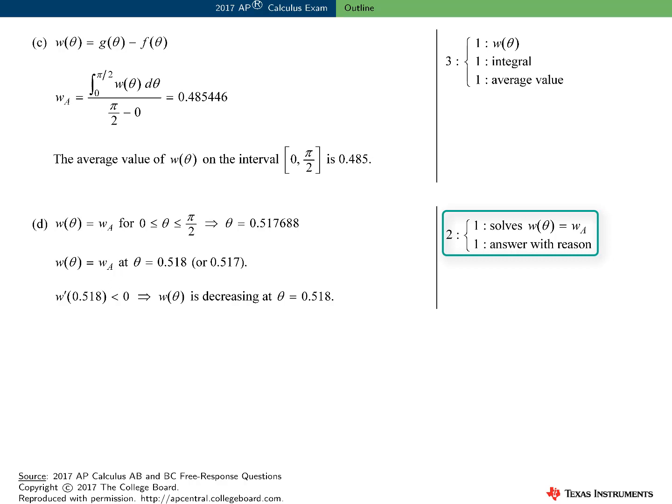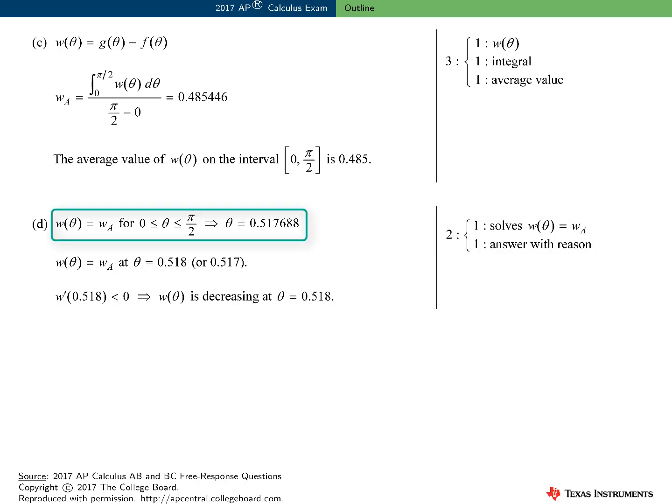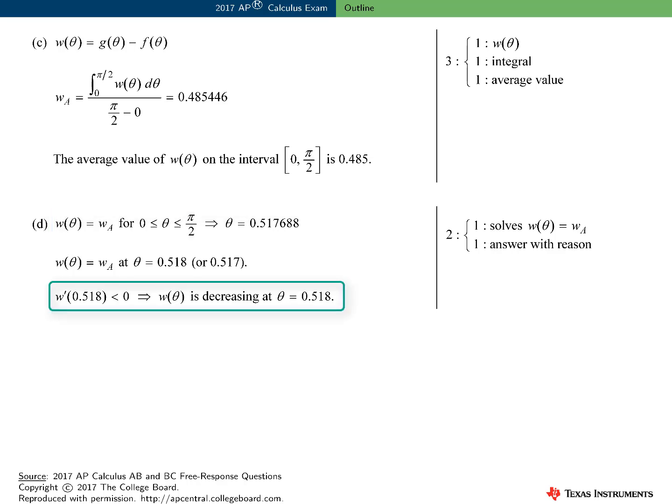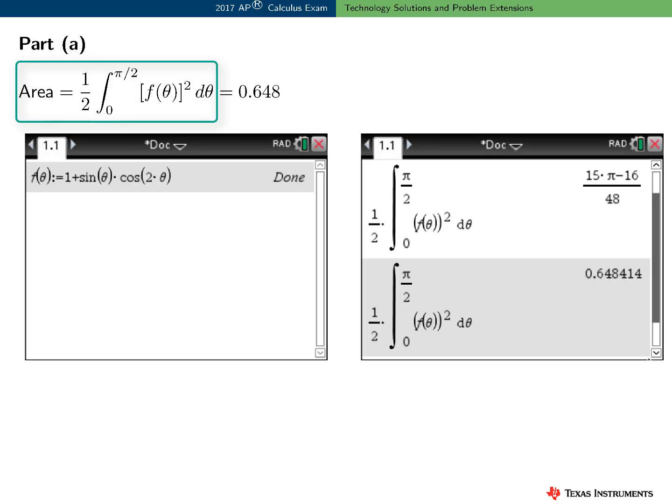Part D was worth 2 points. 1 point for solving the equation w of theta is equal to the average value, for finding the value of theta such that w of theta equals the average value found in part C. And 1 point for stating that w of theta is decreasing at this found value of theta, and for providing a valid reason.